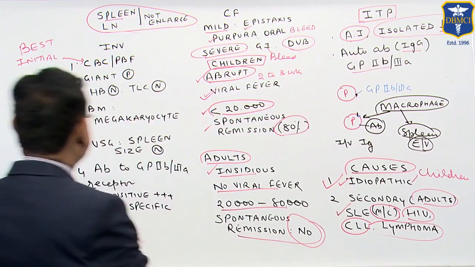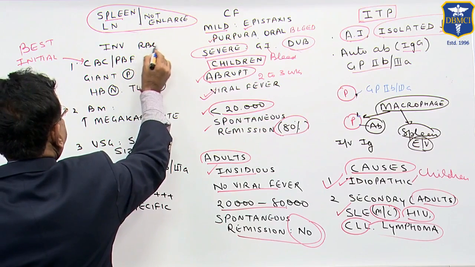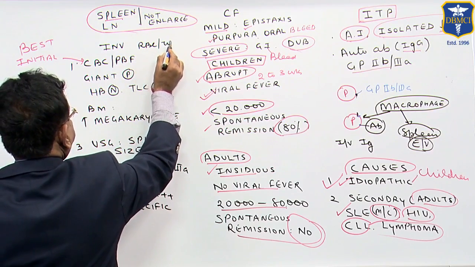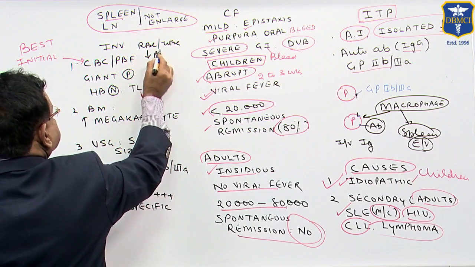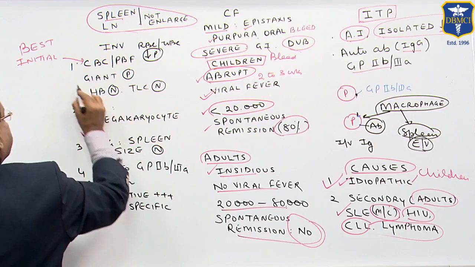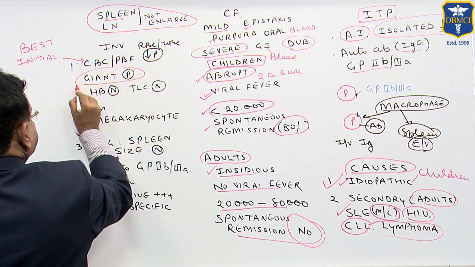As I told you, RBC count will be normal, WBC count will be normal, but there will be isolated thrombocytopenia, and giant platelets are seen.